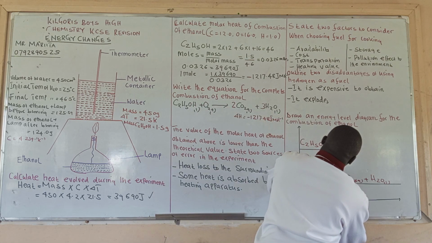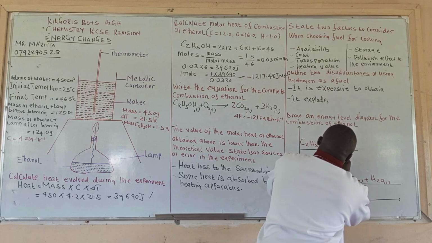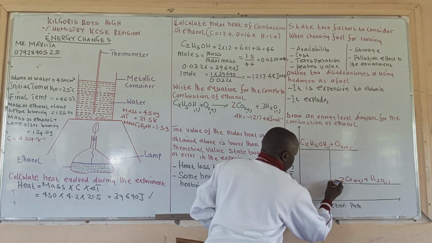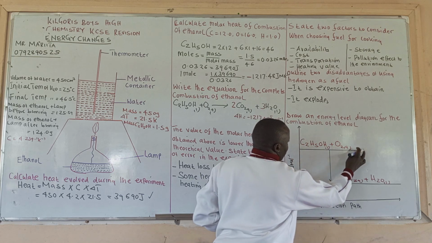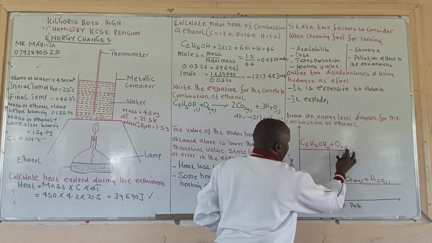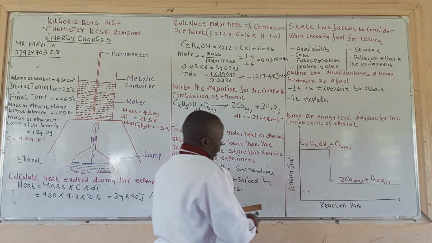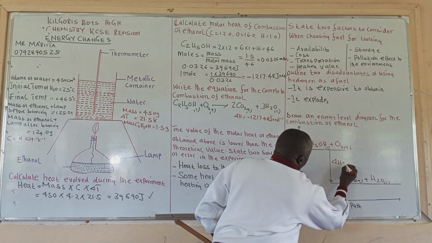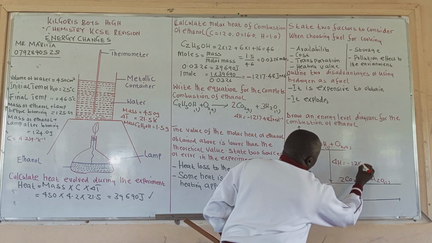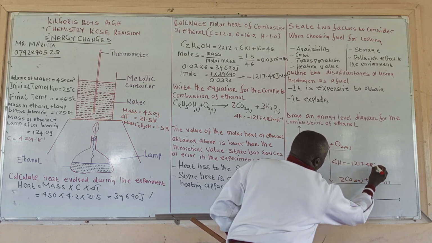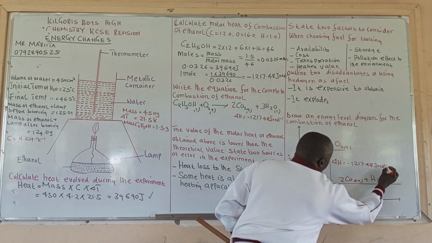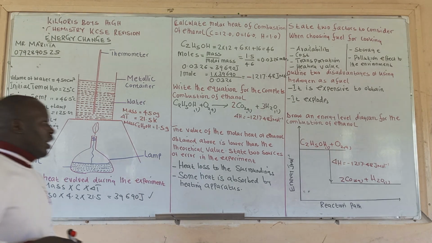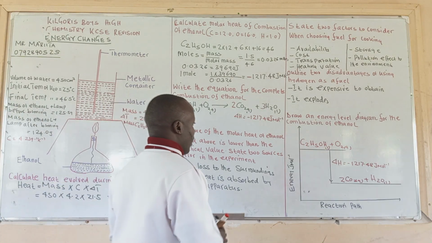Then you join this one here. So our arrows will be pointing downward like that. And therefore here is where we have the delta H, which is equal to negative 1217.48, in this case joules per mole. That's how you can draw an energy level diagram.